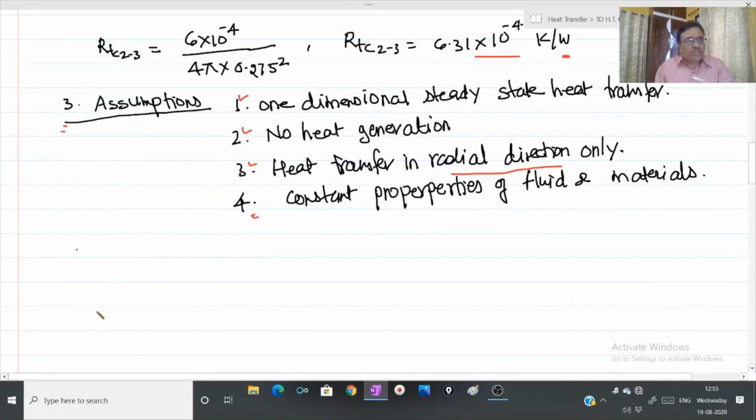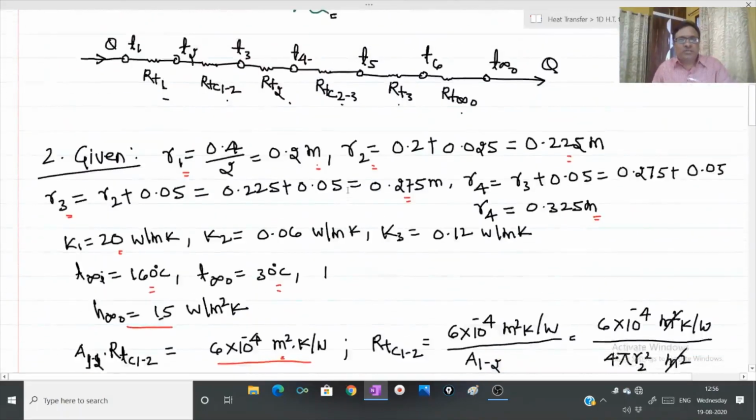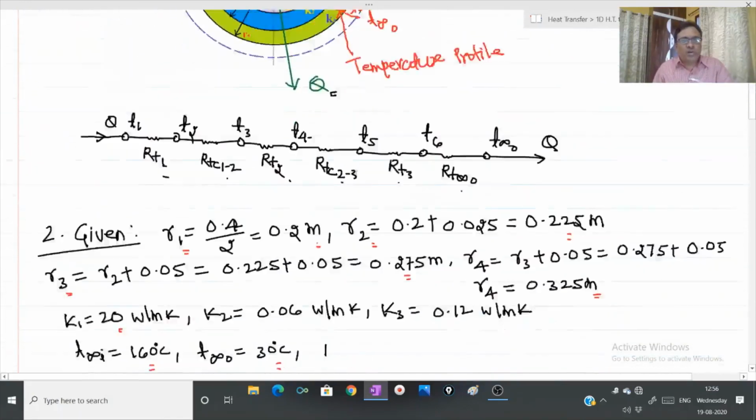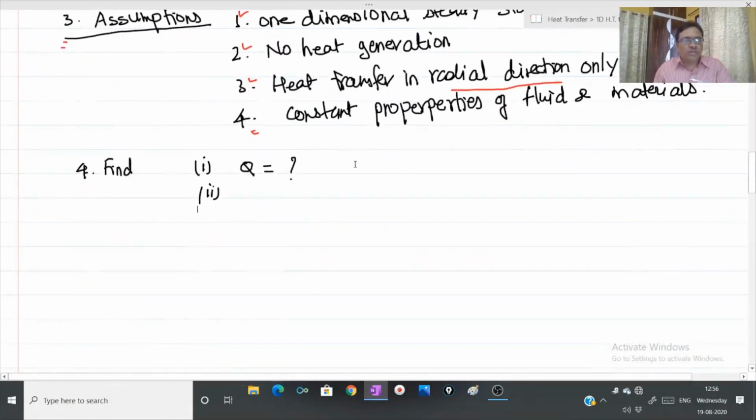Now let us enlist what is to be found out. The very first thing we are supposed to find out is the rate of heat loss from the composite spherical system. Second, as it has been asked in the problem, the temperature drop at the interfaces and the overall heat transfer coefficient.